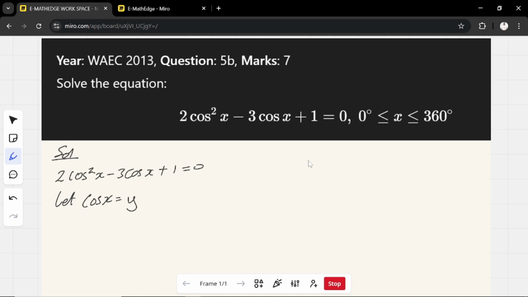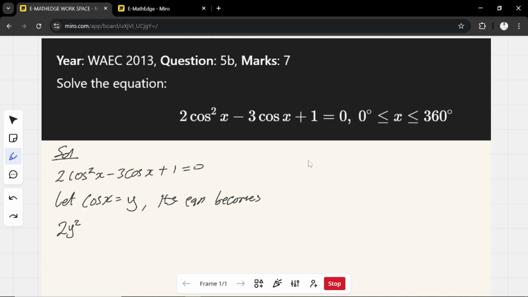Now what we want to do is to transform this equation into a quadratic equation. So instead of cos x, we are going to have y, right? And here we have cos square x, so we are going to have 2y squared, mind you, is cos square x.